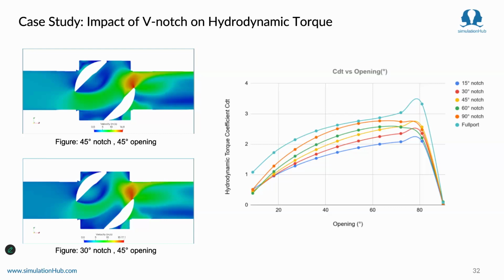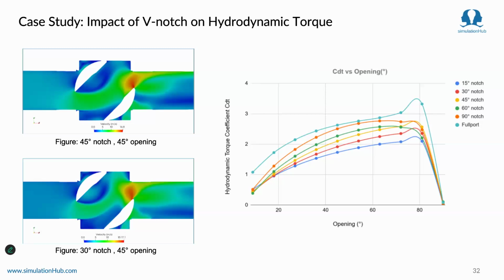So these are the insights that we got. For smaller V notches, the flow is more controlled, so less torque is required to operate this valve, as for the same size, the flow is less because the obstruction is more.